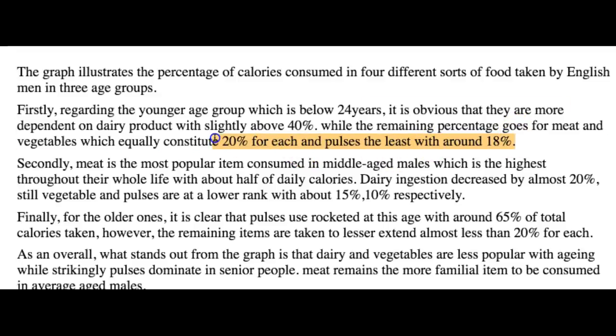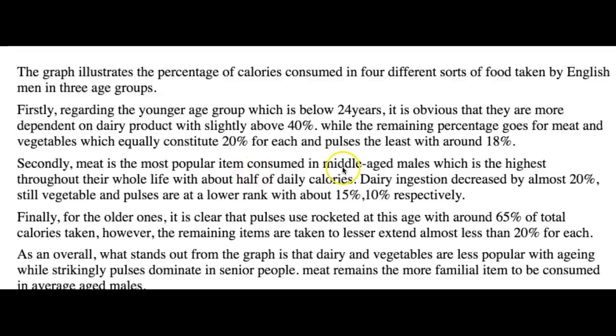So in this case, why don't we group? What I would recommend is just grouping pulses, meat, and vegetables together because it's roughly the same. Okay, and then we can group rather than list every single detail on the graph. And the examiners do not want you to list, they want you to group. Specifically says there's points there for choosing and selecting information, and grouping is what is meant by choosing and selecting information. So be careful, group whenever possible.